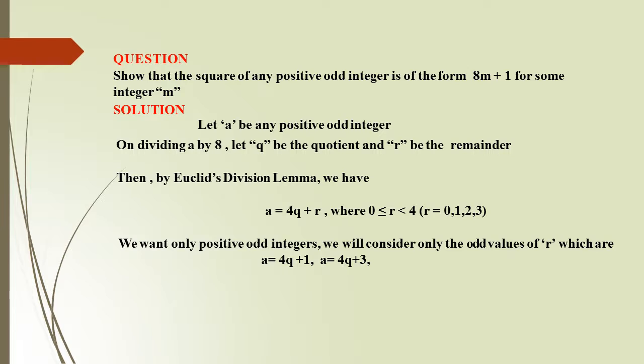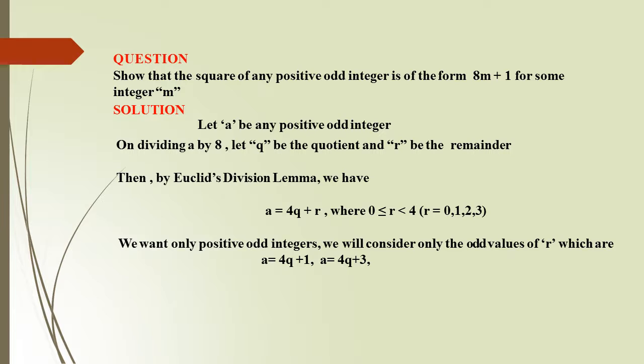So our statement becomes a is equal to 4q plus r. Now the value of r will be 0, 1, 2 or 3. Out of this, if we take 0 and 2, the number will become a positive even number. The question says any positive odd integer.